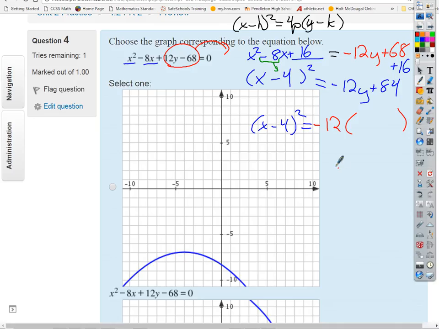Well, negative 12, if I distribute, negative 12 times what is going to give me back negative 12y? Y. Okay, that one's pretty obvious. What about over here? Negative 12 times what is positive 84? No, 7, but what's the sign going to be? Negative. Negative times negative is positive, right?